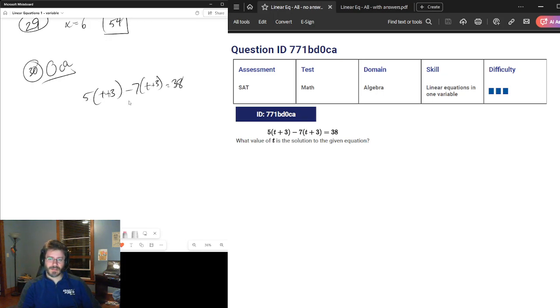Okay, so you could just combine these. Remember earlier I mentioned that if you have a repeated term, you could just imagine that that's one thing. So 5a minus 7a gives us negative 2a, but a is t plus 3, right?